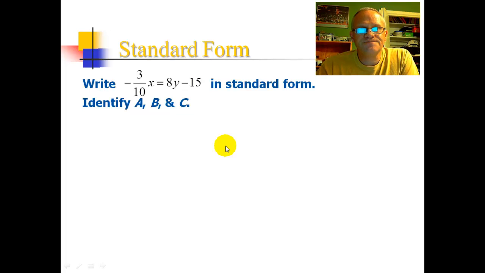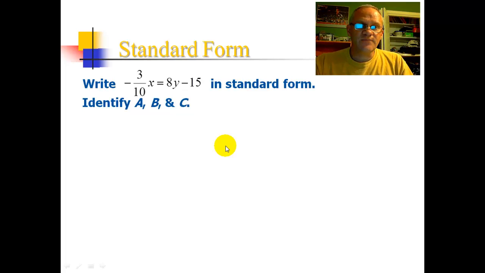Well, what can I do to get rid of that fraction? If you remember, one of my favorite things is multiply by the reciprocal. So you're kind of going to do that here, but not really a full reciprocal. It's kind of like a half reciprocal.